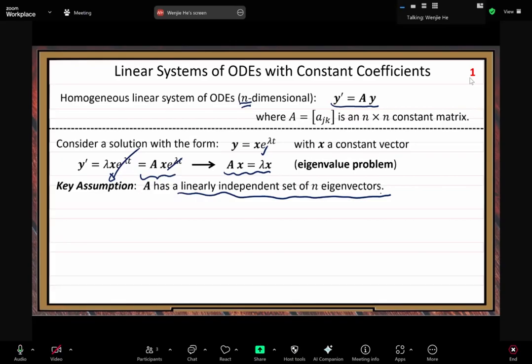If we make this assumption, we do not need to deal with that part. That's the reason. So this is the simpler case, and most applications have this property.